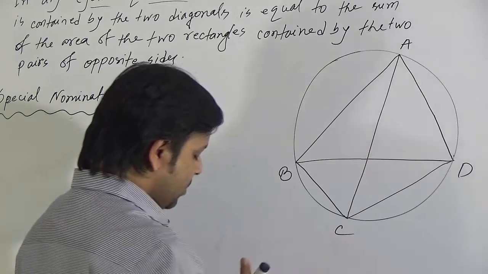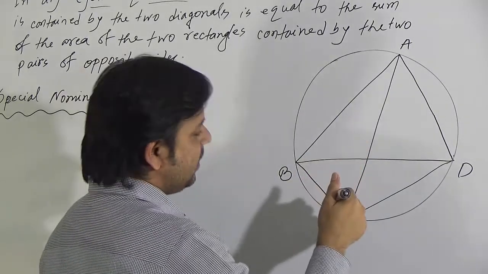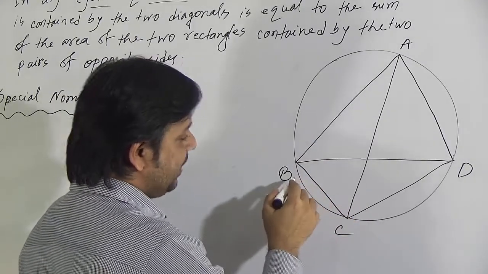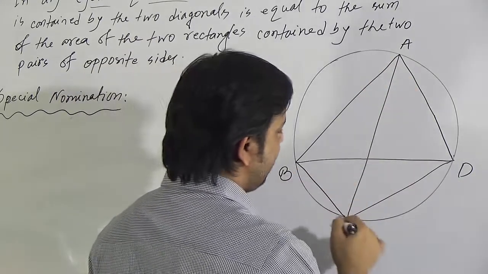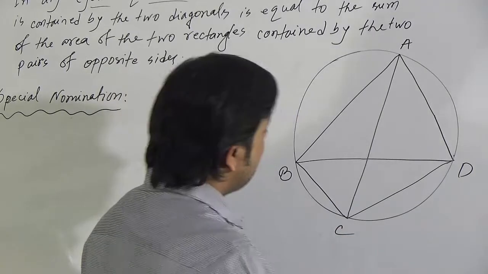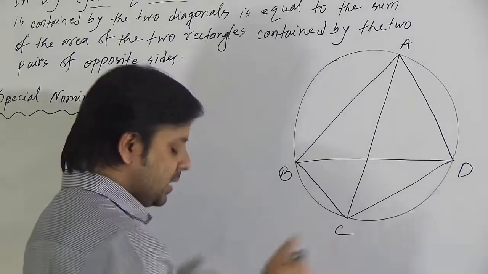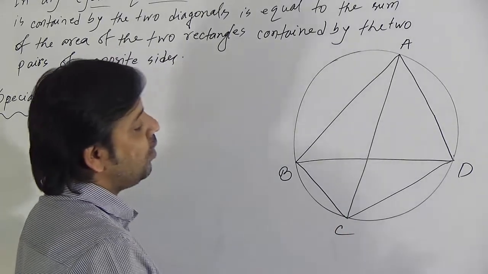It is required to prove that the area of the rectangle contained by the two diagonals, here AC and BD, is equal to the sum of the areas of the two rectangles contained by the two pairs of opposite sides.